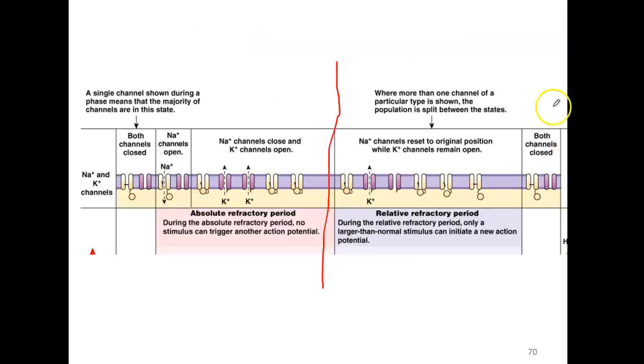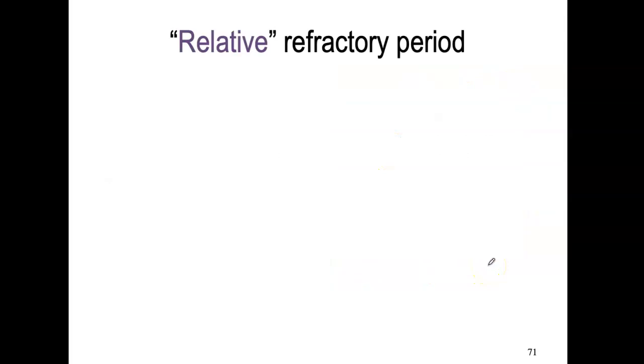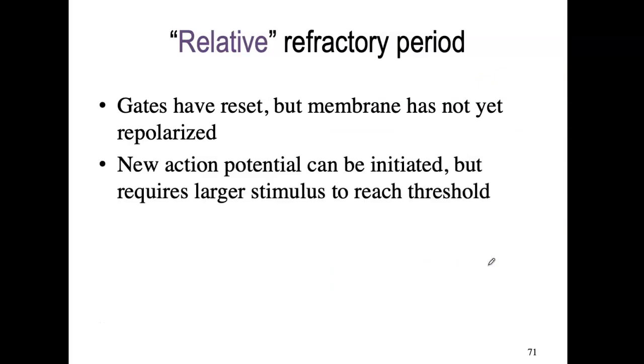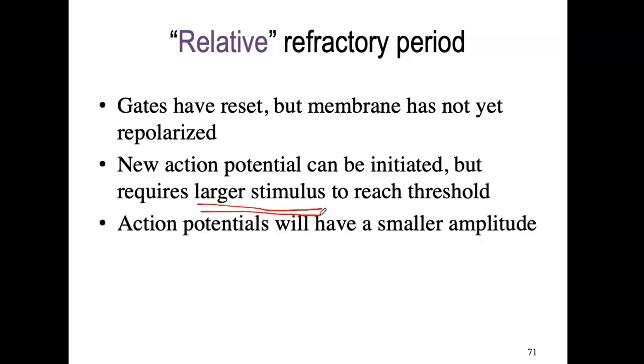So in this region here, can it be stimulated? Yes, it can. Potentially it can. But what happens is that it's going to take a larger stimulus. It's going to take a louder sound, a brighter light, a greater mechanical stimulation. And also the action potentials will have a smaller amplitude.